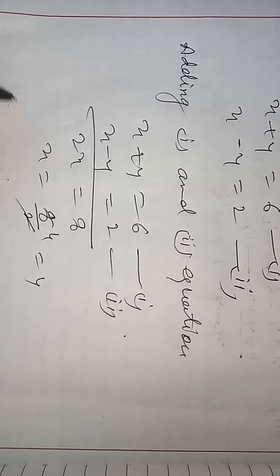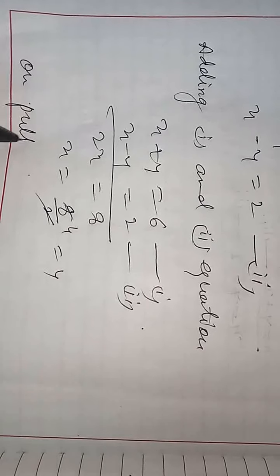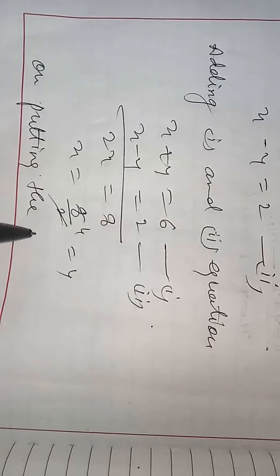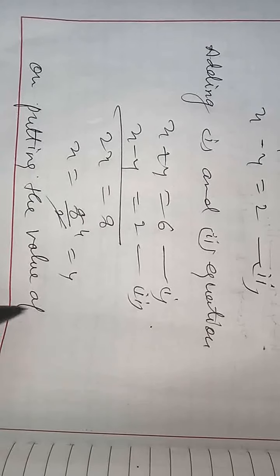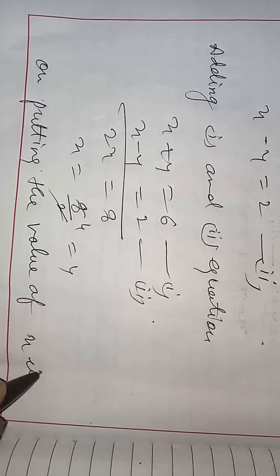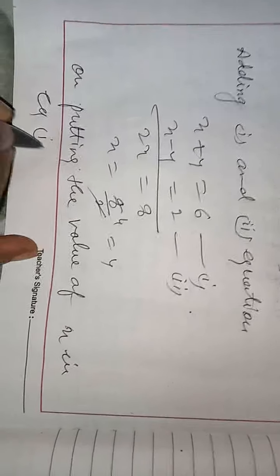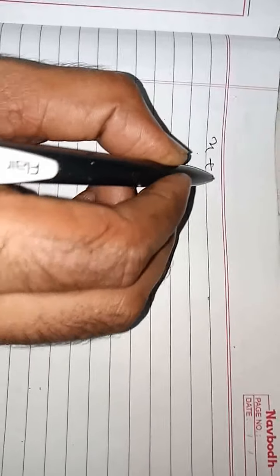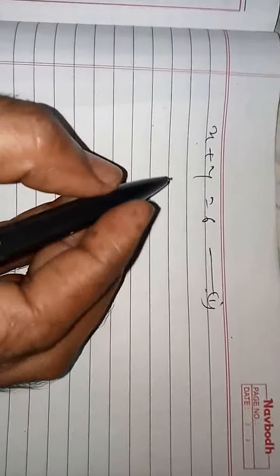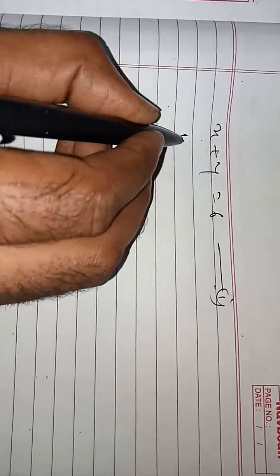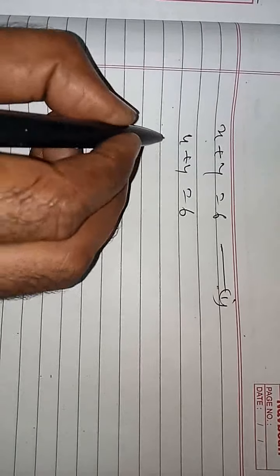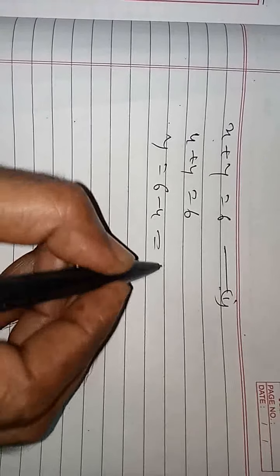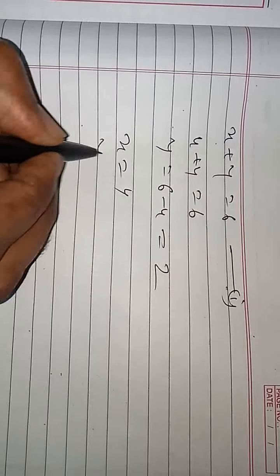Putting the value of x in equation first. You are free to choose any one equation to put the value. I use first equation, x plus y is equal to 6. At the place of x we put 4, 4 plus y equal to 6, so y equal to 6 minus 4 is equal to 2, hence x equal to 4 and y equal to 2.